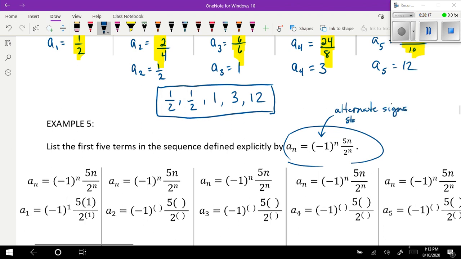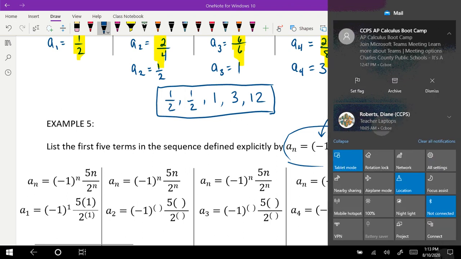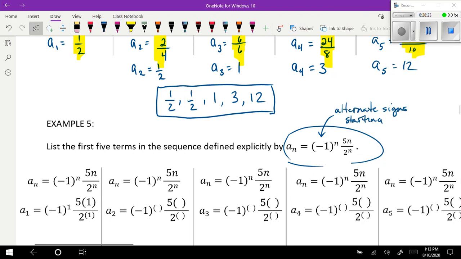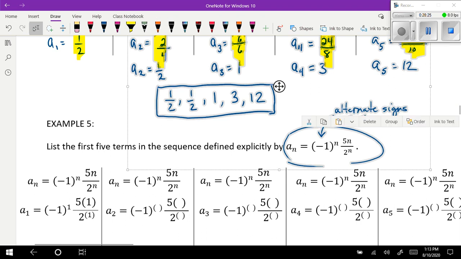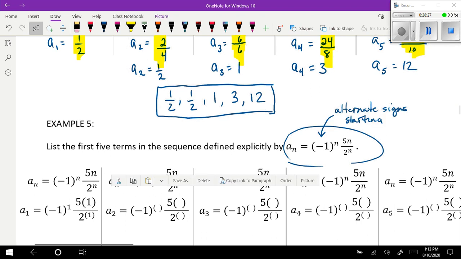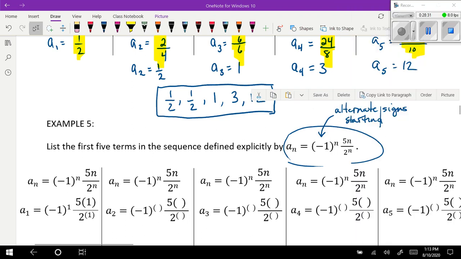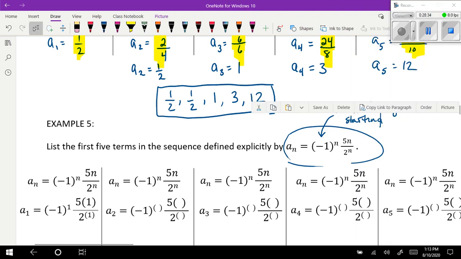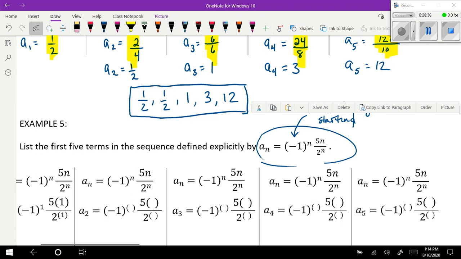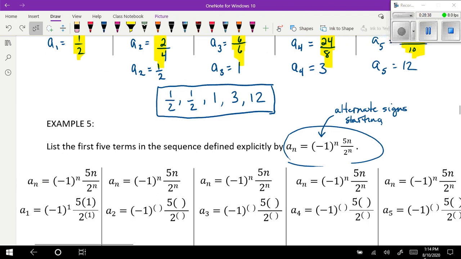starting how? If you put a 1 in here as your exponent, -1 to the first is negative.